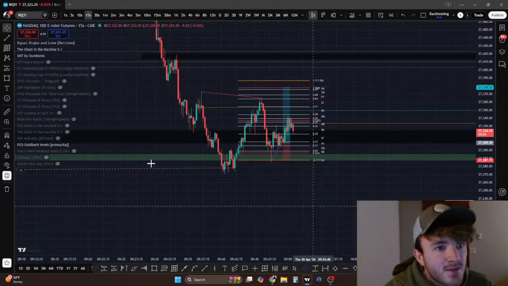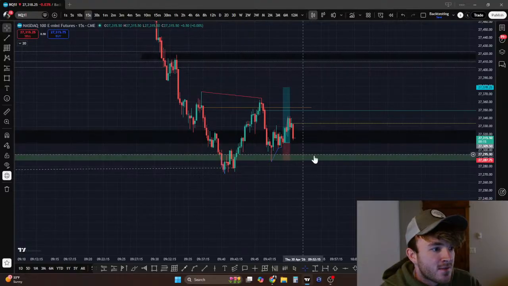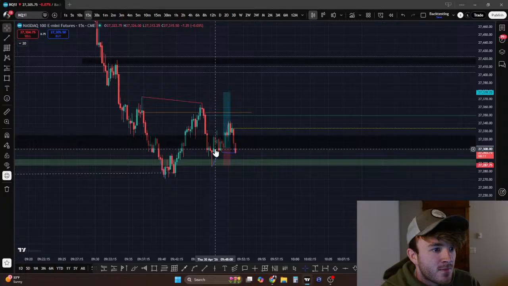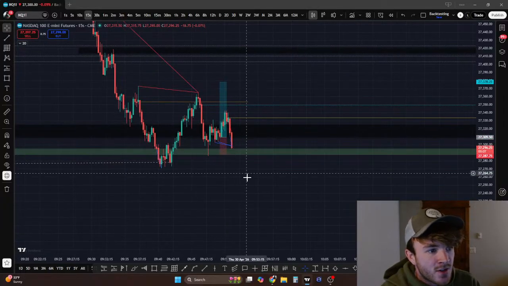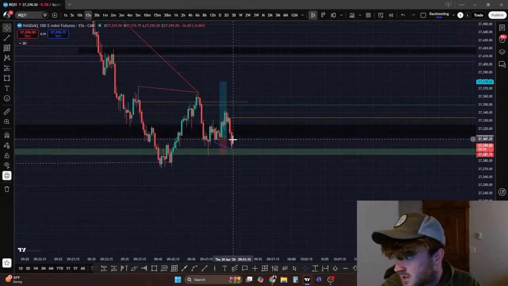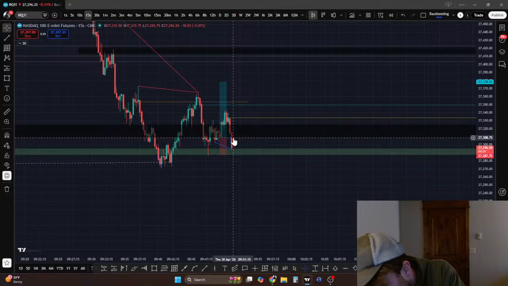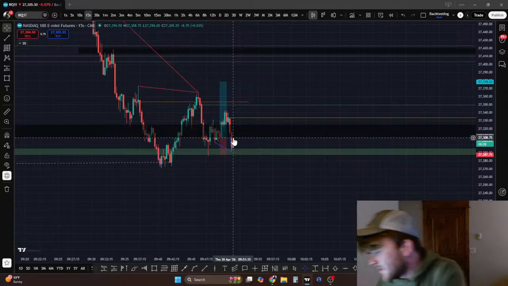So why I marked this out, why I like this, is because obviously this is the Reaper fair value gap, and then change in state off of it. But I don't necessarily think it's gonna hold for sure, because yeah, it obviously didn't. I'll switch over to the other account here, the unlimited trades account.